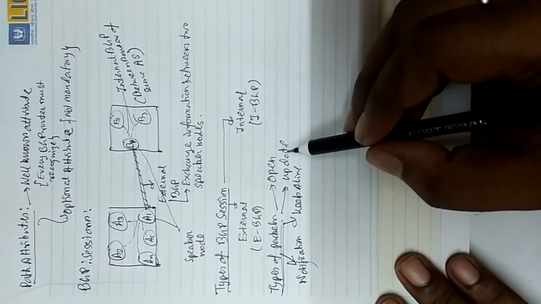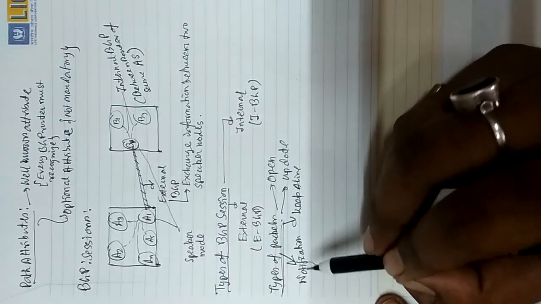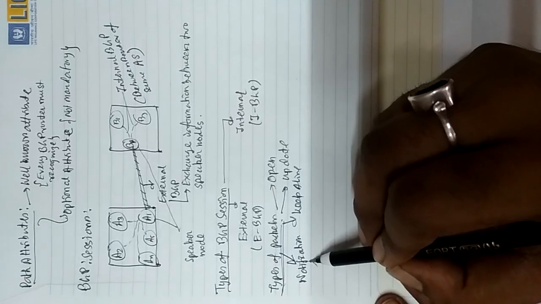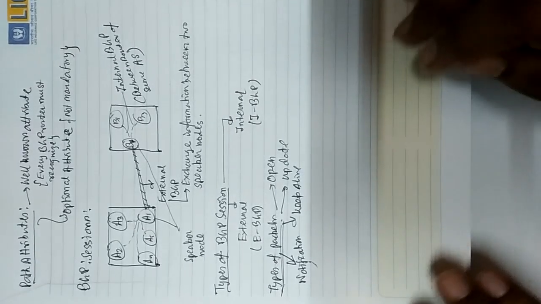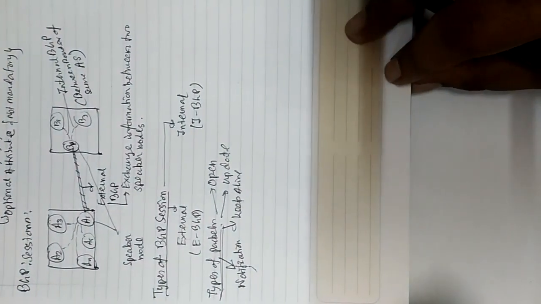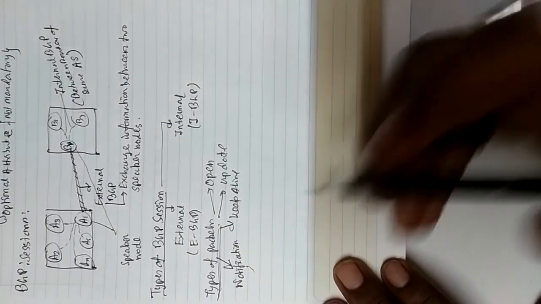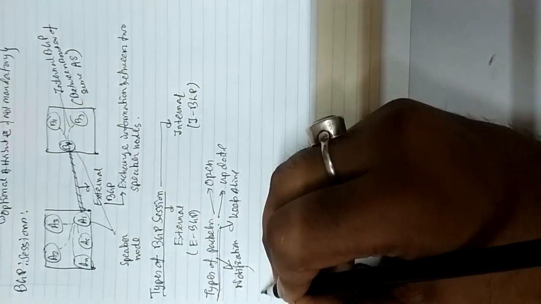One is open, next update, next keep alive, and the fourth one is notification. Now we will discuss each of these, what we mean by all these things. So the first one is open.